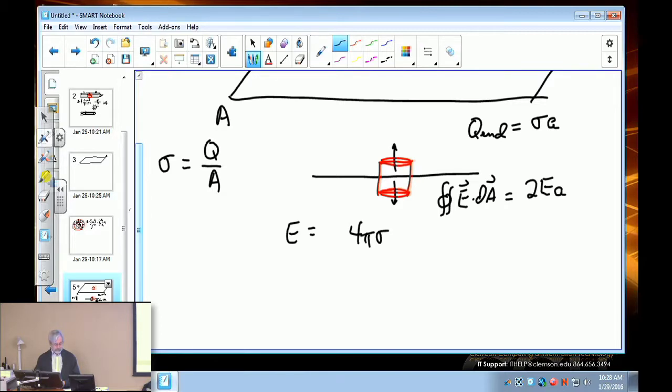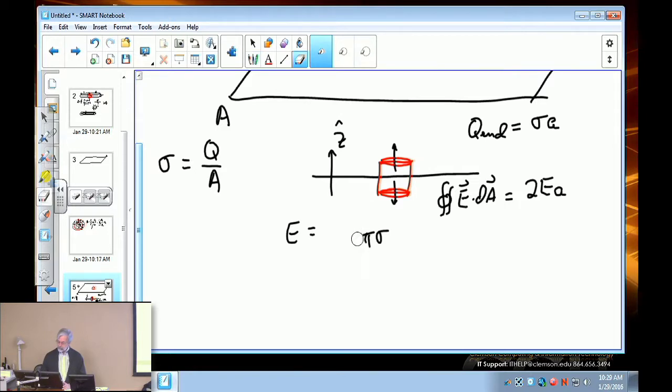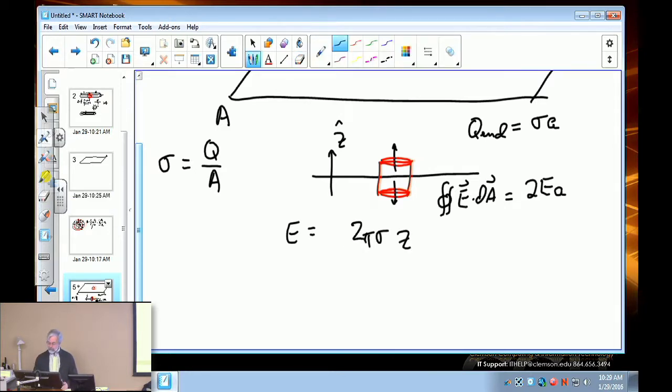So if this is the z direction, then it's 2 pi sigma times z hat times the sign of z, meaning it points up or down depending on which side of the plate you're on.